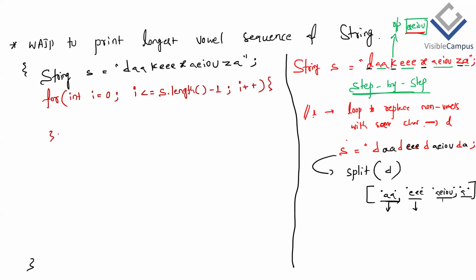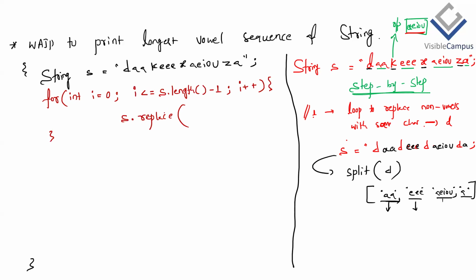Then inside the loop body, what are we supposed to do? Replace it. Replace is a method on string. How to use that? s dot replace. Replace what? The first character with the same character.